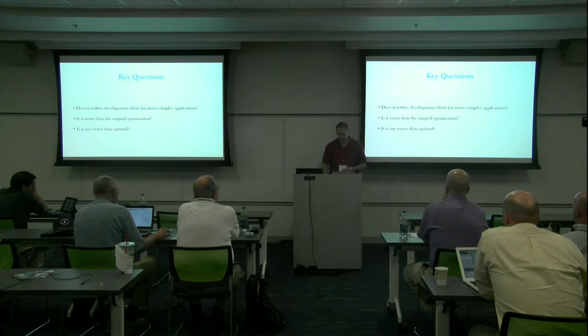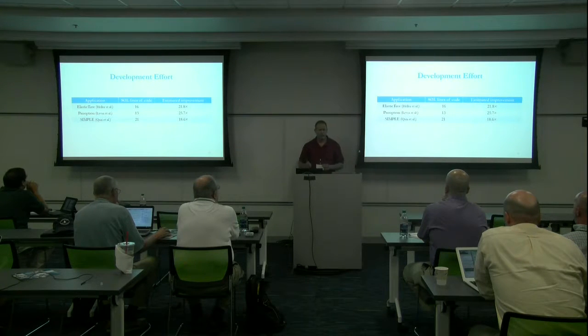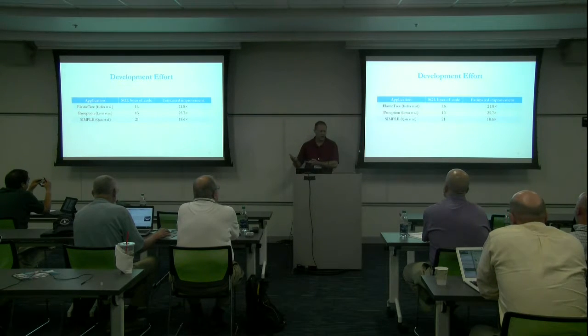One of the hard things, of course, is how do you measure having saved developer effort? And the best way we could come up with was to just look at the difference between the number of lines of code that you write with solve for a given application and our own implementations of these other applications that people have written. Well, in some cases, these aren't our own implementations.